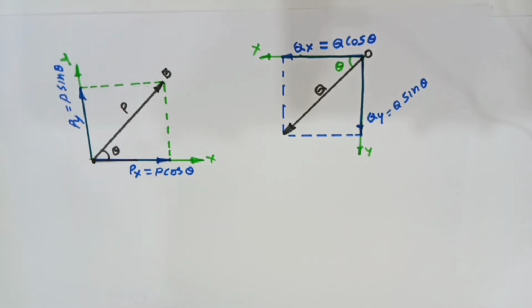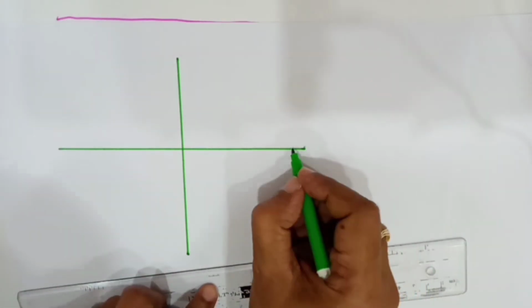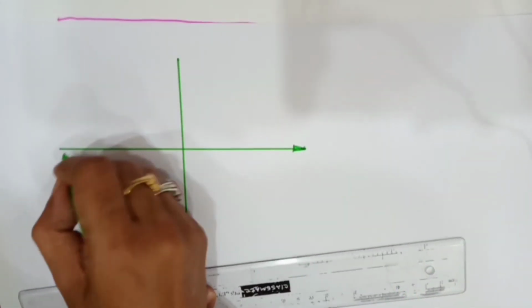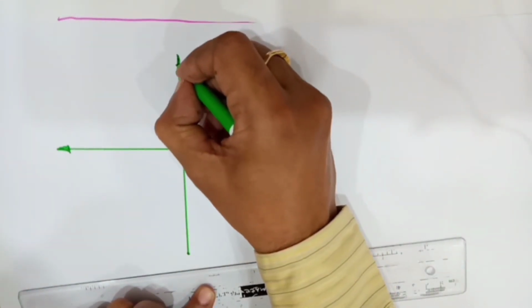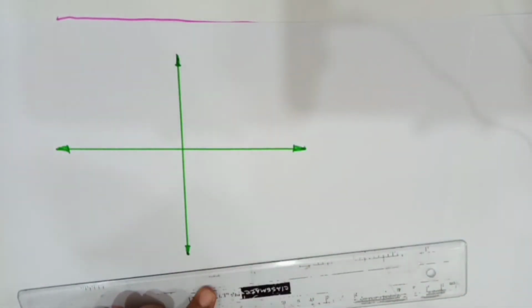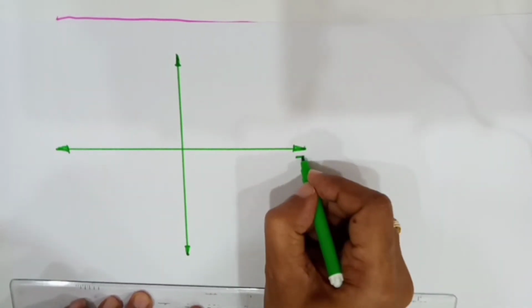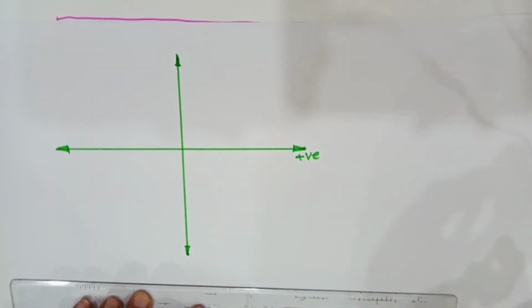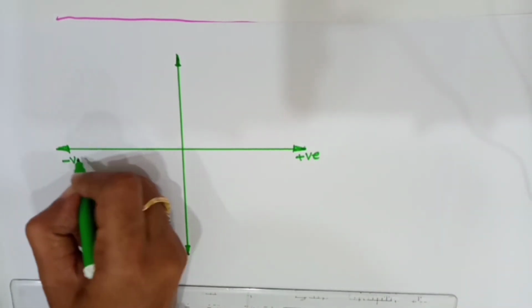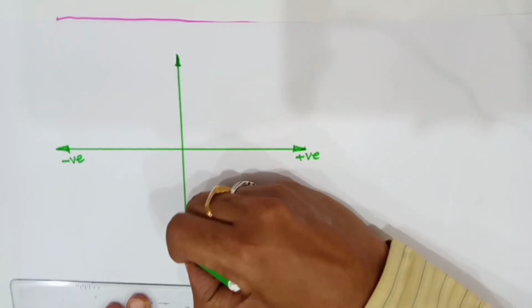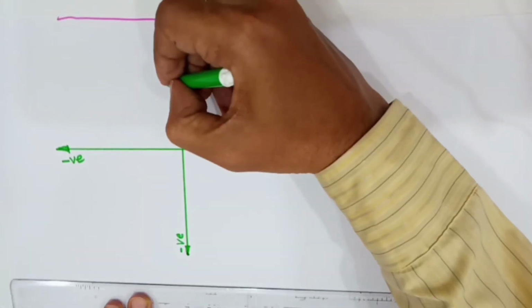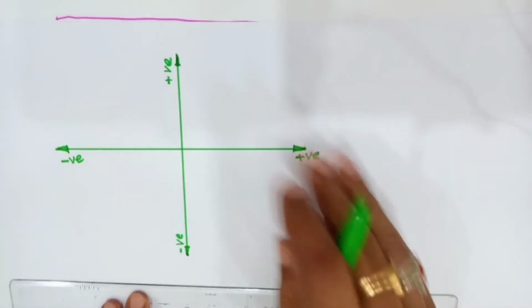If the force is placed in the fourth quadrant, the vertical component is negative and the horizontal component is positive. With x-axis and y-axis: rightward direction positive, leftward direction negative, downward direction negative, upward direction positive.